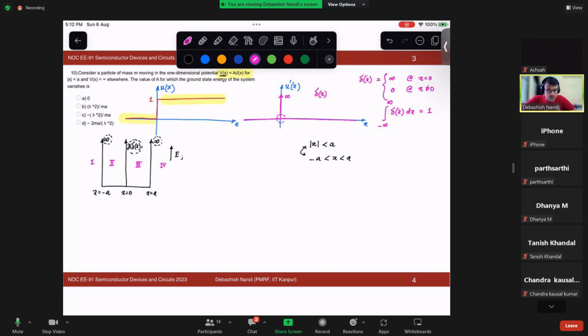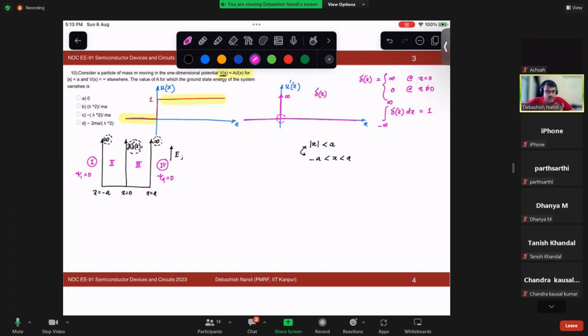I think you should be able to see, but understand this very carefully and remember this for the entire of your life. If a large problem comes, break it into smaller problems, your life will be easier. So again, for region 1 and region 4, we know that psi 1 is equal to 0 and psi 4 equal to 0, right?